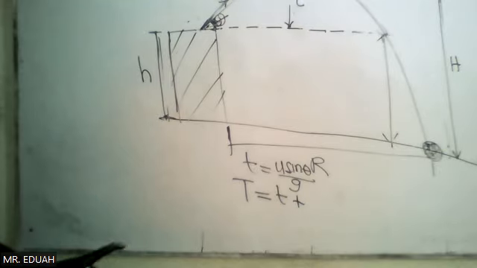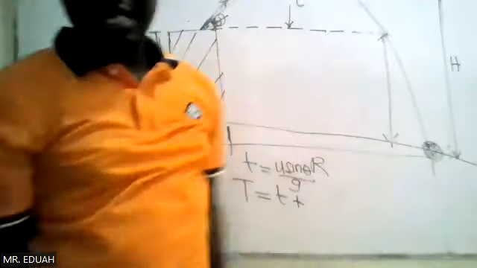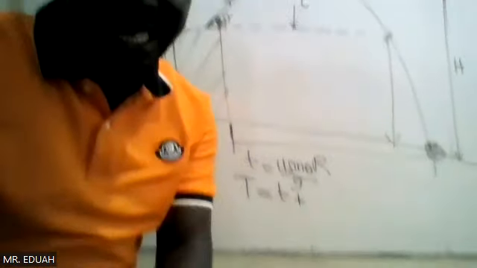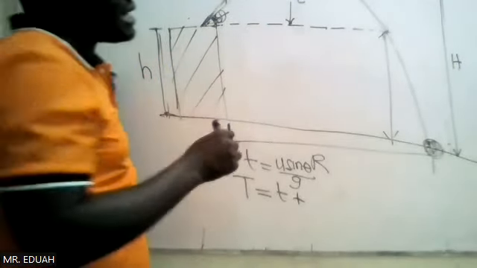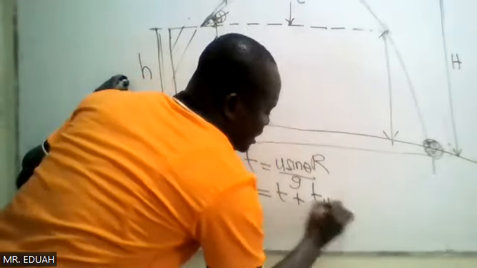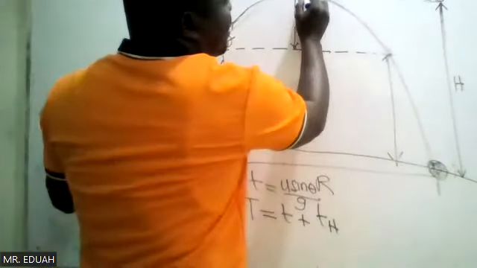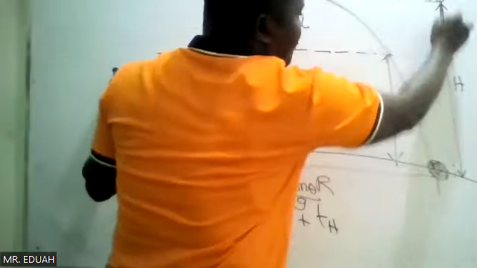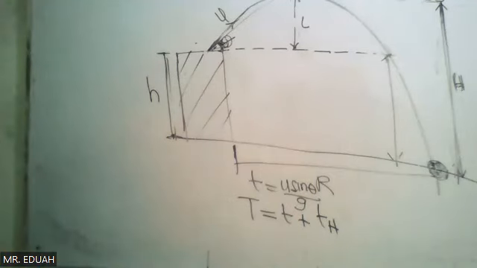Here, when the body gets to the maximum height and is dropping, the body will be free falling. So to get the time taken to cover this height, the time taken to move from the maximum height to the ground, which I've indicated as capital H. How do I do that? Okay, let's pay attention.